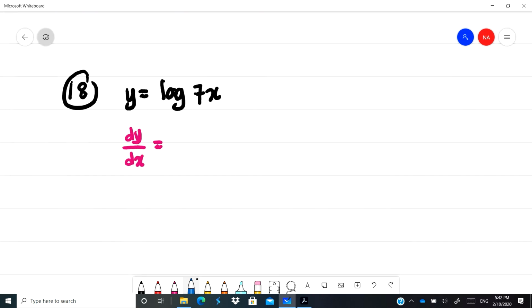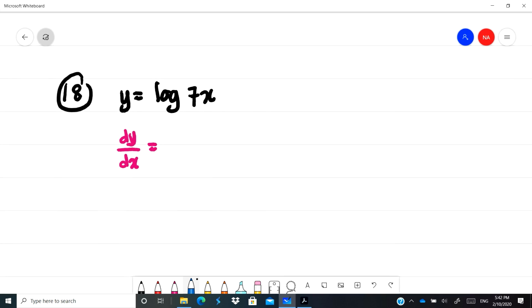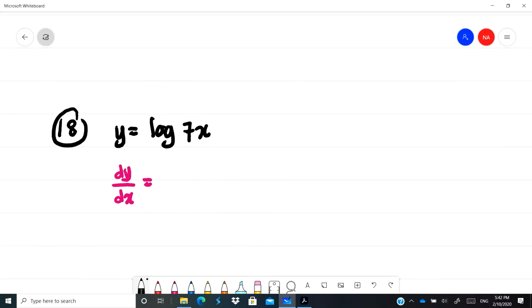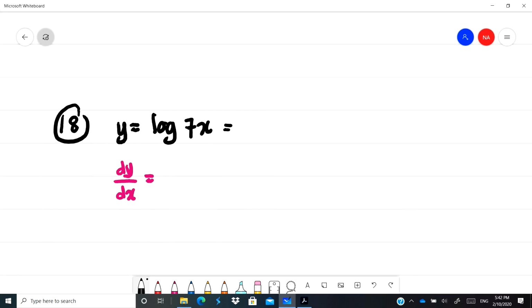So let's look at the last question here, which is quite a unique question, where you have the log function, and we are not given any rules on the differentiation of log, but we are given on the ln. ln is actually log base e. So you have to change this log into ln, meaning that you have to change the base.